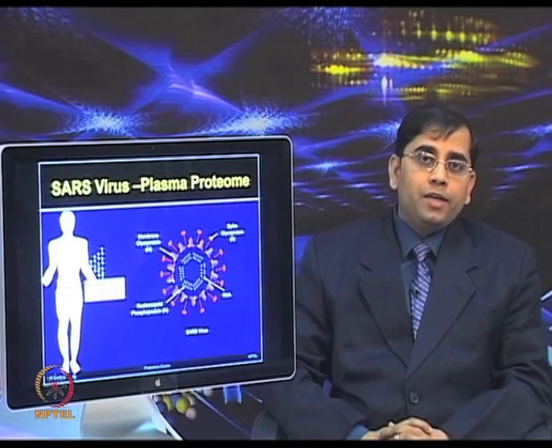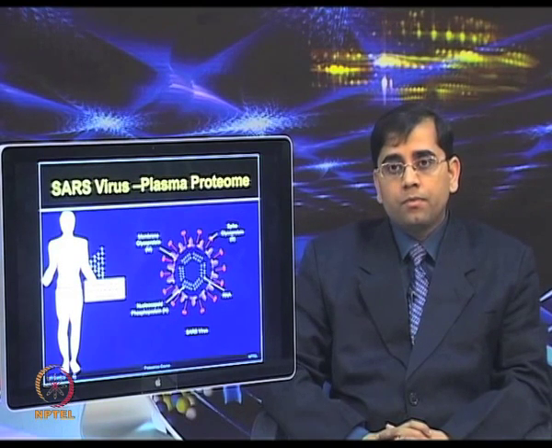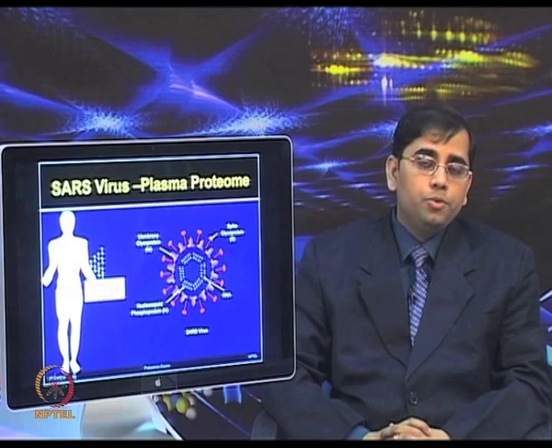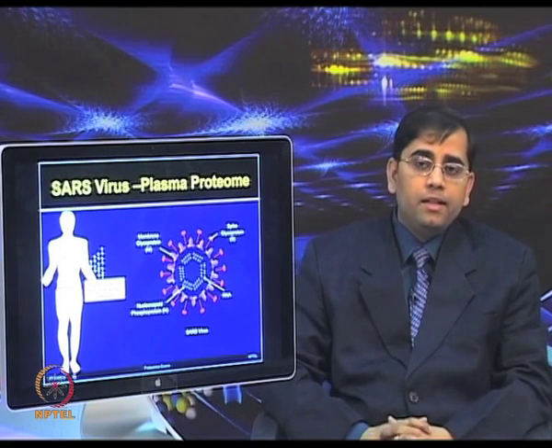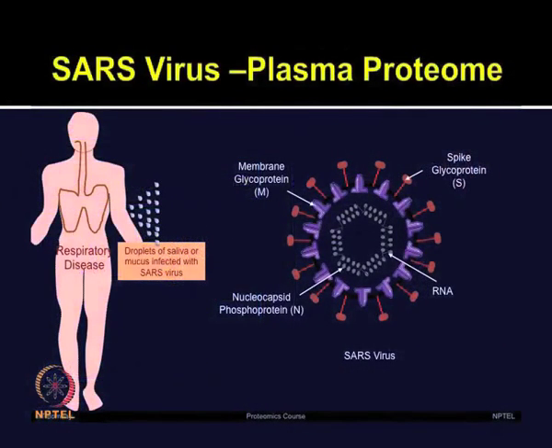So, if you remember, a few years ago, severe acute respiratory syndrome occurred in 2002-2003 and thousands of deaths were reported in several countries around the globe. The genome sequence of the SARS virus was already known and the structure of the main protease and receptors were also known.